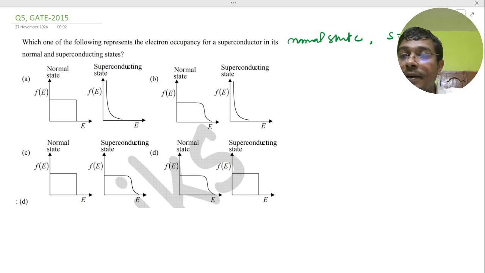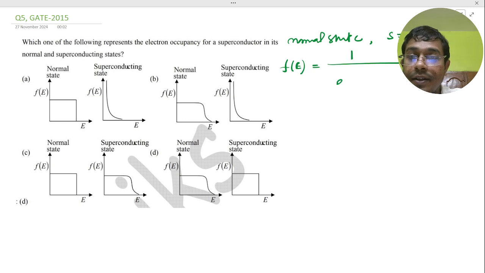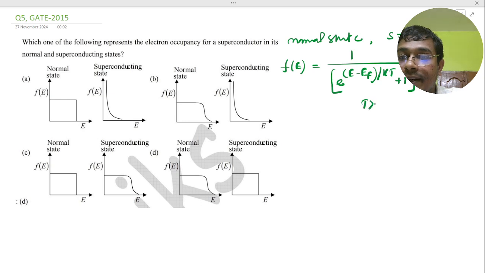So the Fermi-Dirac statistics holds here, and we have the Fermi-Dirac distribution function, 1 by exponential of (E minus EF) by KT plus 1. So at temperature T greater than 0, it would look like this one.